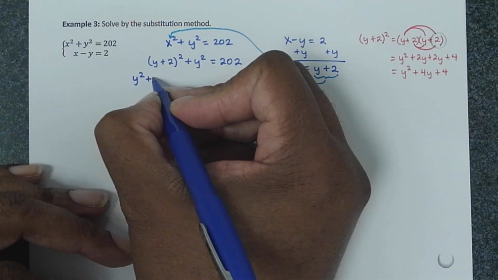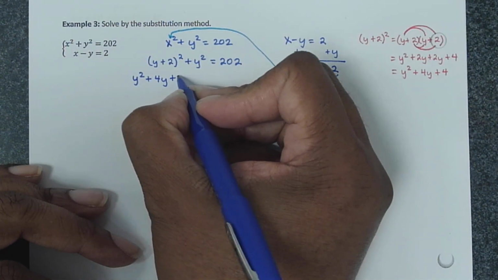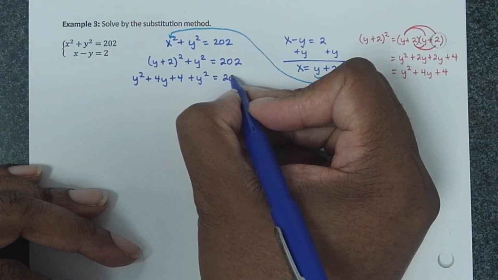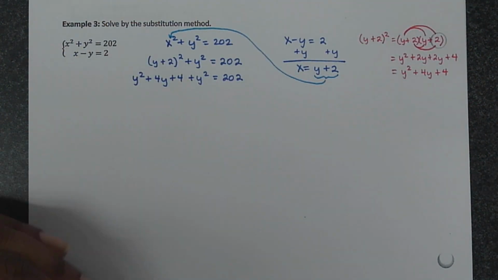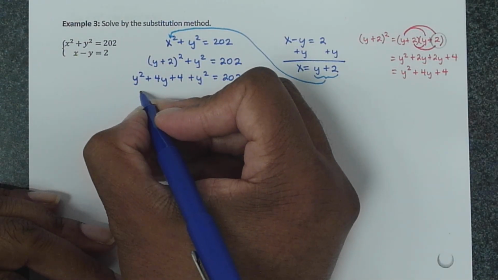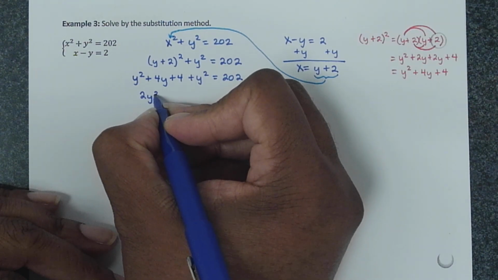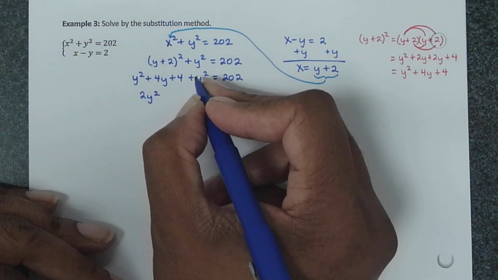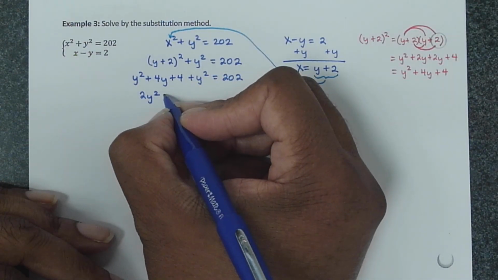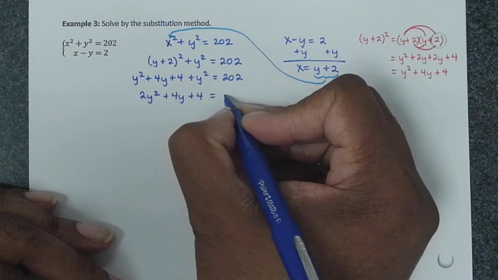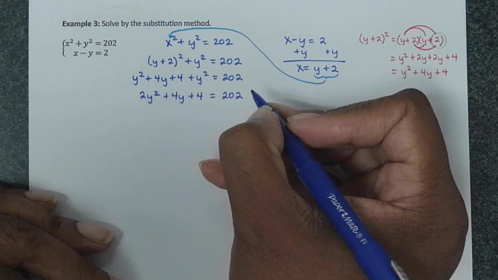So I'll go ahead and write that in, and then bring down the plus y squared, that's equal to 202. If I combine like terms here, 1y squared plus another y squared would be 2y squared, plus 4y plus 4 is equal to 202.